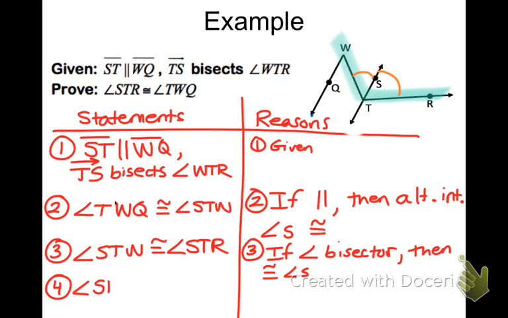So angle STR is congruent to angle TWQ, which is your transitive. Just rewrite the proof line. That transitive property is going to come into play a lot in section 3.2 and 3.3. Okay?